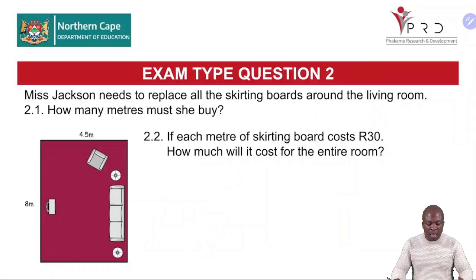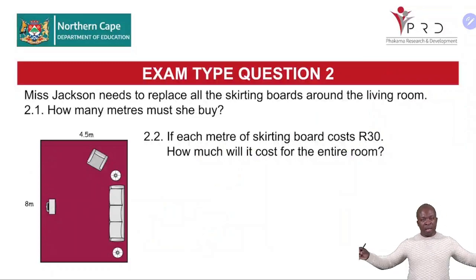It says Miss Jackson needs to replace all the skirting boards around the living room. 2.1. How many meters must she buy? So replacing all skirting boards, we are referring to perimeter. Are we together, my learners? We are referring to perimeter.